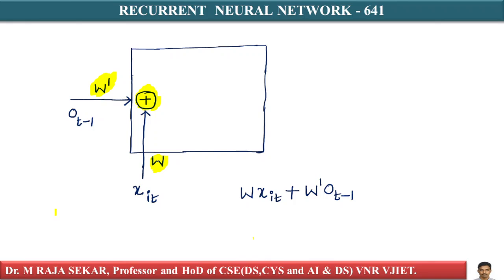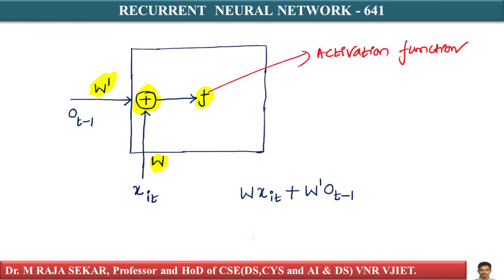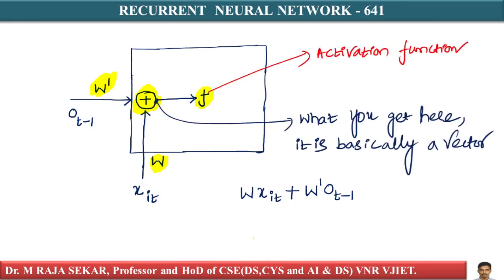After you sum it up, you send it to the activation function f. What you get here is basically a vector. You are sending it to the activation unit, and this activation unit is generating O_t, your output at t. But X_i^t could be the last word, that's important.